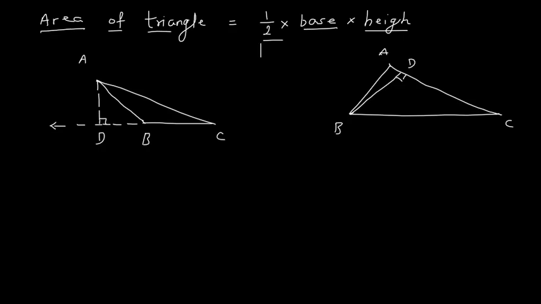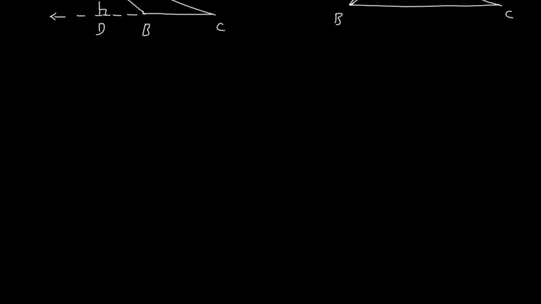Now there are two special triangles. One is the equilateral triangle, in which all three sides are equal.